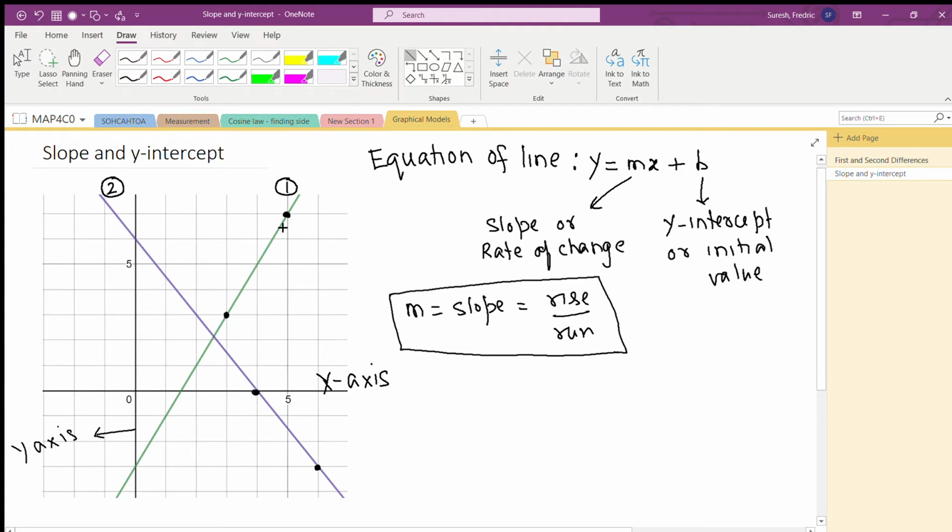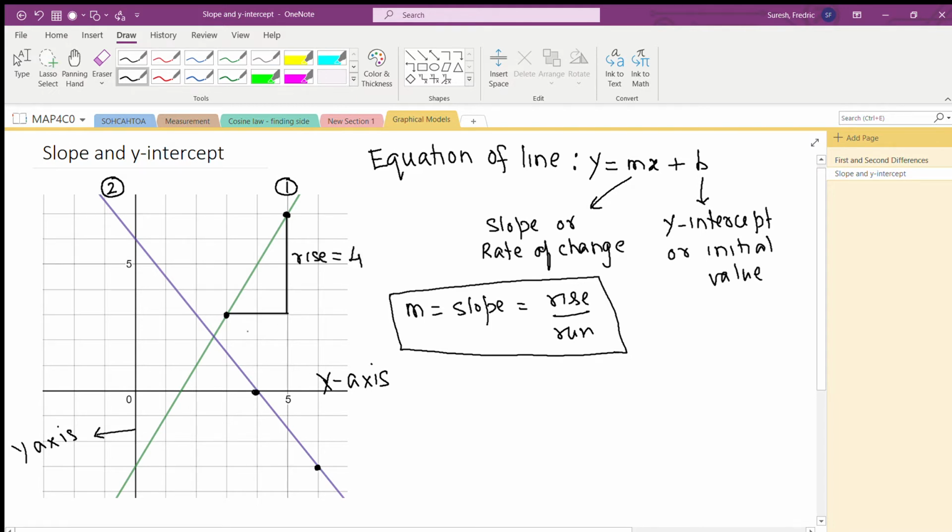All right, to find the slope, we need a rise and a run. I have chosen 2 points, and notice that they are cutting across the grid. I'm drawing a line like that, and another vertical line. The vertical line is called the rise. It goes up 1, 2, 3, 4, so it goes up 4.